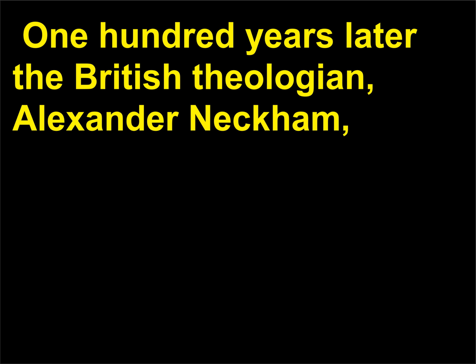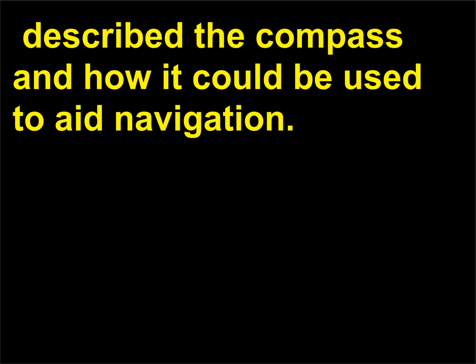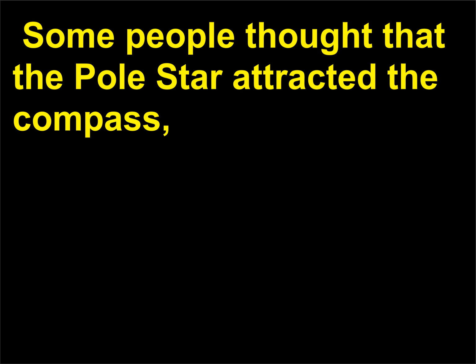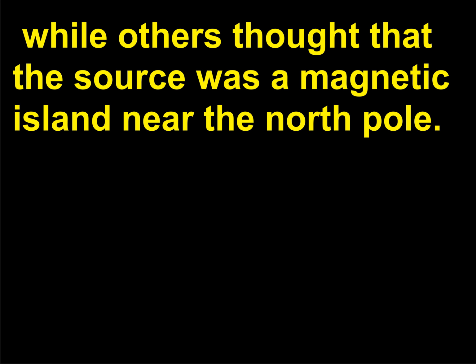100 years later, the British theologian Alexander Neckham described the compass and how it could be used to aid navigation. Some people thought that the pole star attracted the compass, while others thought that the source was a magnetic island near the North Pole.